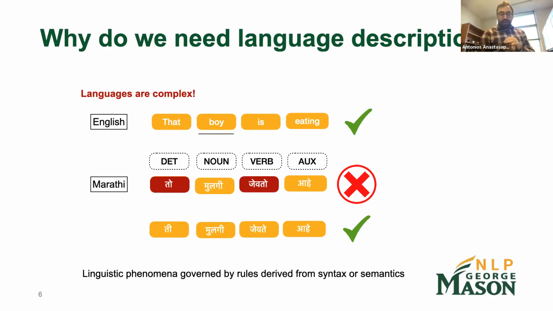But we don't have that. What we're going to do is try to get at least some type of linguistic rules derived straight from raw text. So for example, here we would like to learn that in Marathi, the determiners that modify a noun need to agree with that noun with respect to their gender.